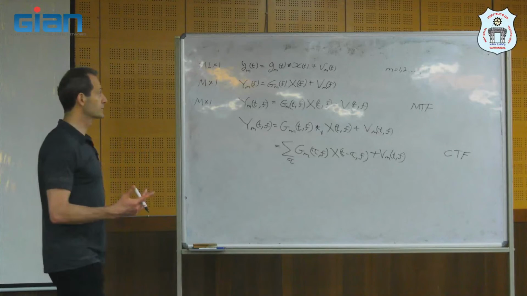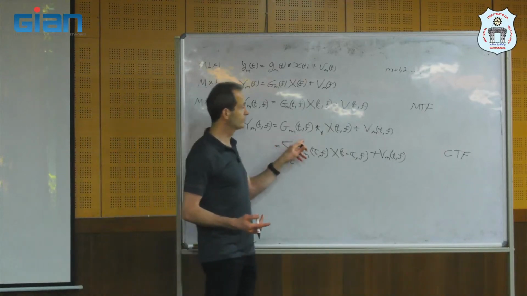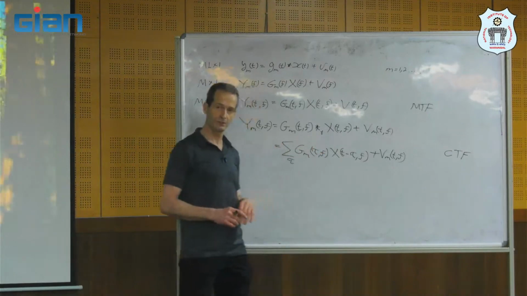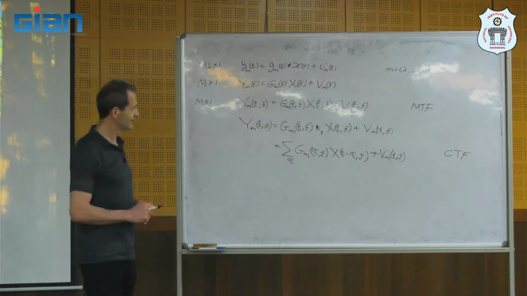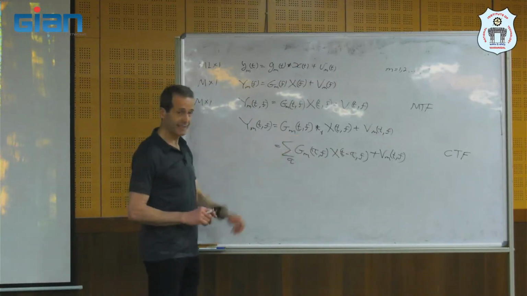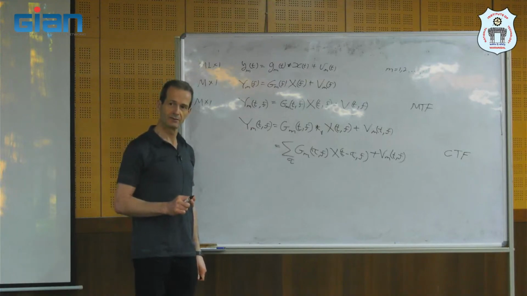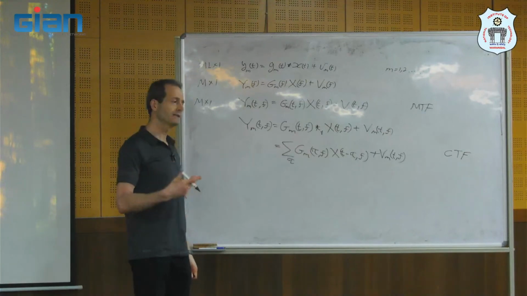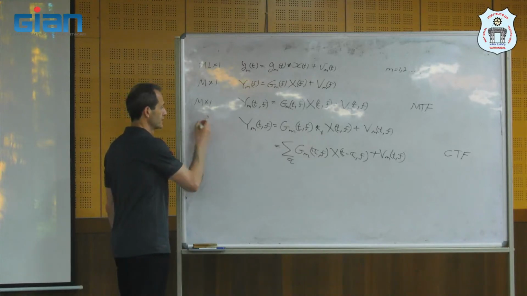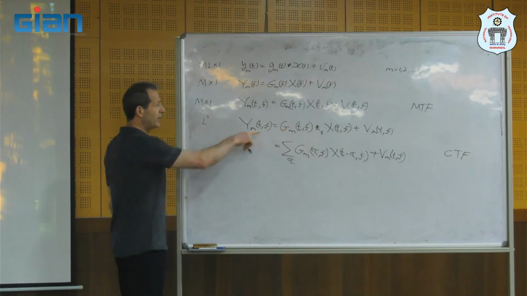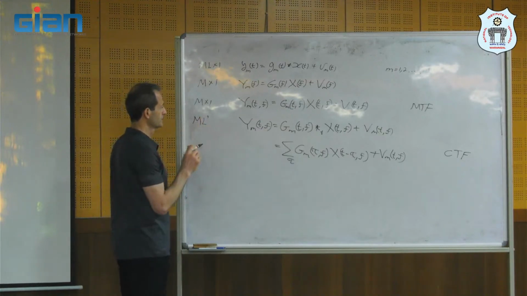And then we can work with the CTF, the convolutive transfer function approximation. So we choose along each frequency a certain number of windows. Let's call it L prime, L prime windows.